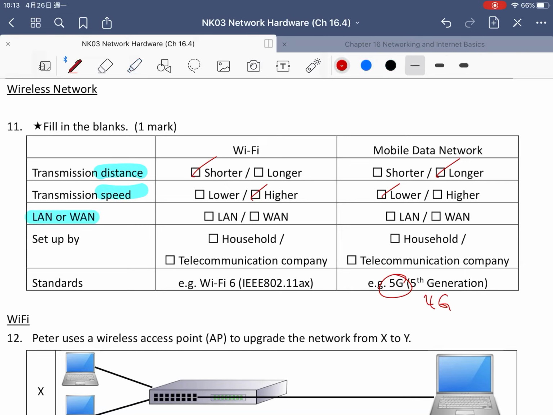WAN or LAN: Wi-Fi is short distance, so it is a LAN, and mobile data is WAN. And then Wi-Fi can be set up by household, individual, or telecommunication company, like in the shopping mall. But 4G should be set up by telecommunication company.